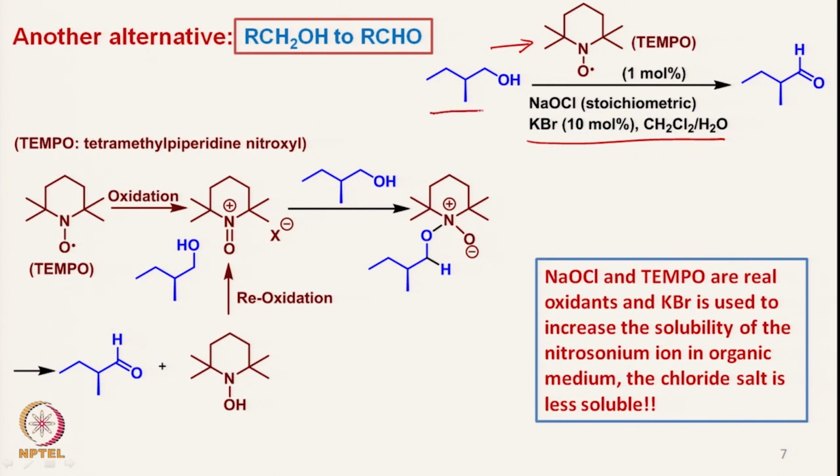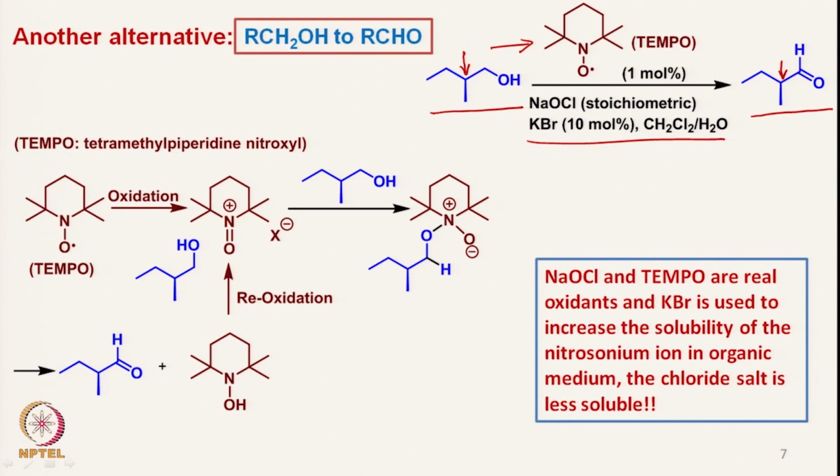So, a molecule like this, in which there is an asymmetric center here, which is prone to epimerization, that gets converted to the corresponding aldehyde, where this proton, this particular center, is highly susceptible to epimerization.